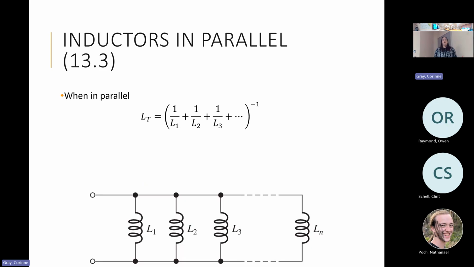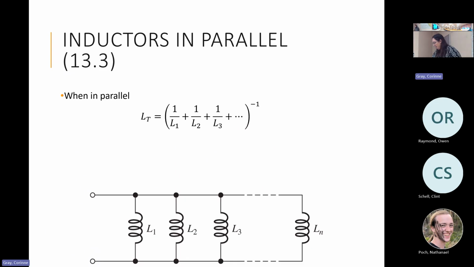Because they're different circuit components, they do have different equations, but the behaviors are the same. Kirchhoff's loop law still applies, and the voltage needs to be the same if they're all in parallel with each other.